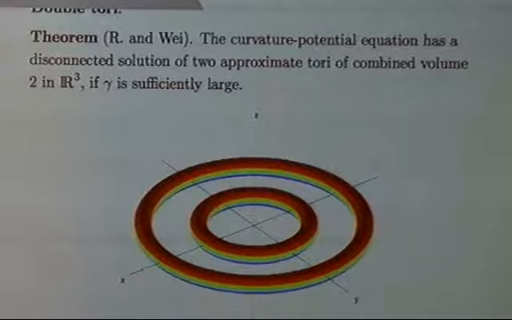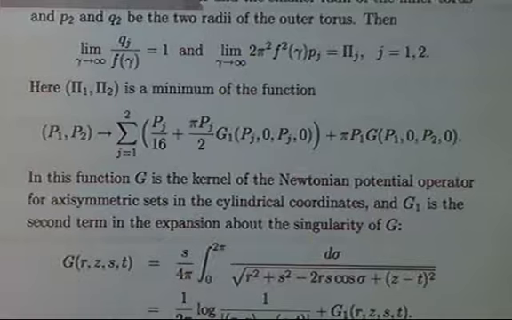And for this solution, let P1 and Q1 be the two radii of the inner torus, where Q1 is the cross-section radius, P1 is the other radius. And P2 and Q2 be the two radii of the outer torus.